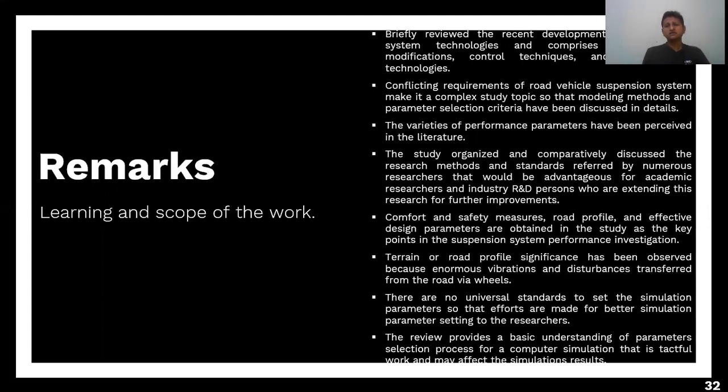Comfort and safety measures, road profile, and effective design parameters are obtained in the study as the key points in suspension system performance investigation. Road profile significance has been observed because enormous vibration and disturbance is transferred from the road via wheels. We have five different modeling methods.